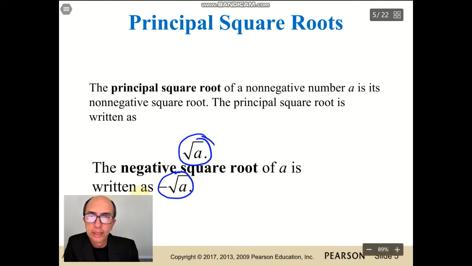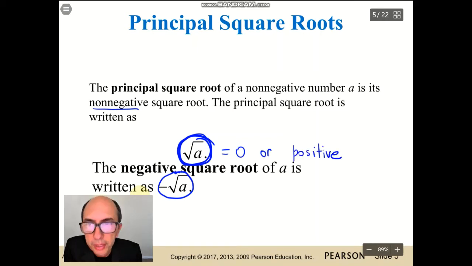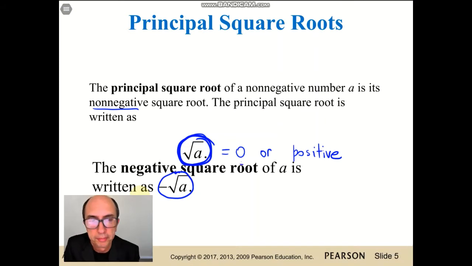So the result of the principal square root is always going to be a non-negative number. That means it's equal to 0 or a positive number. Okay? Non-negative means this is going to be equal to 0 or a positive number.